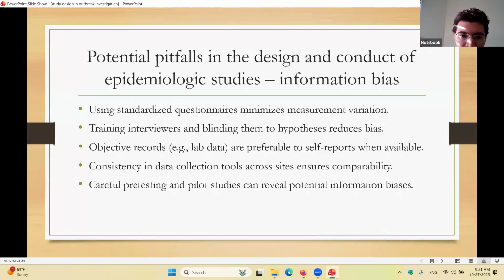Consistency in data collection tools across sites ensures comparability. And careful pre-testing and pilot studies can reveal potential information biases.